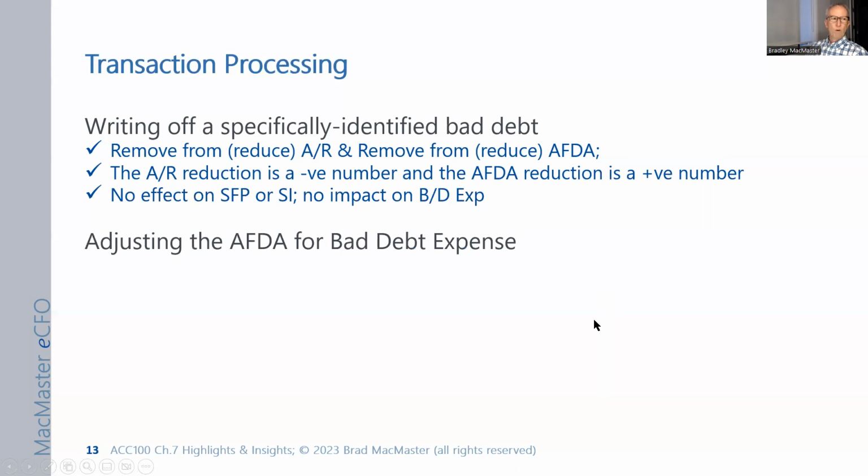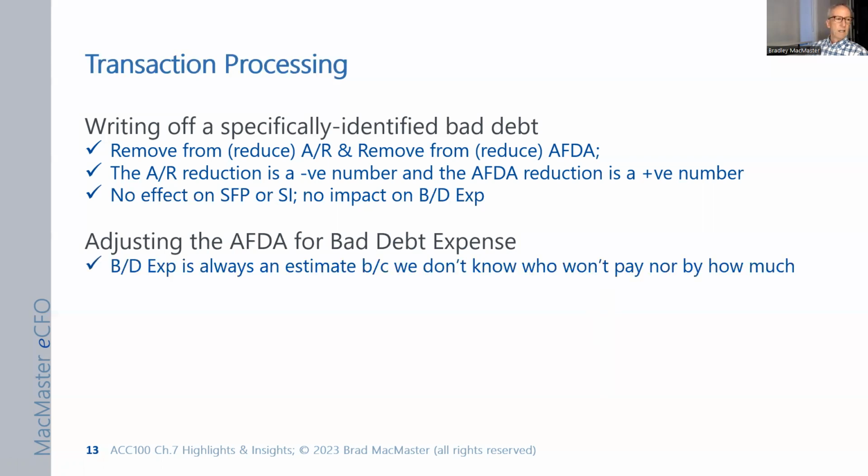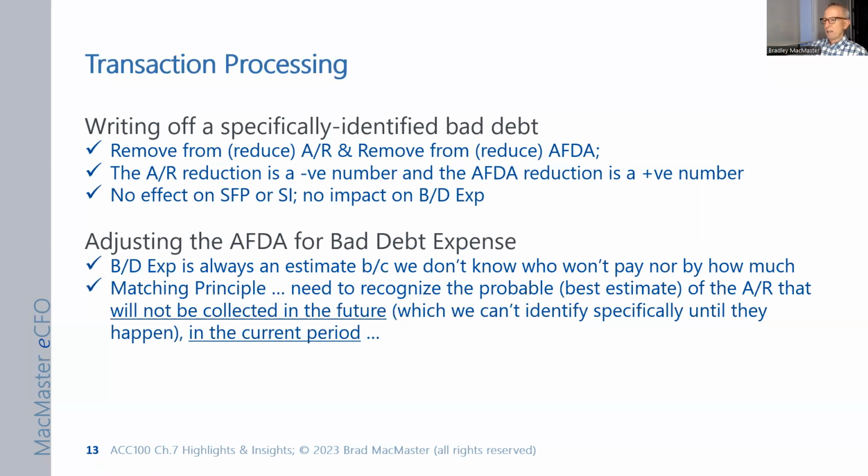Now, when we go to adjust the allowance for doubtful accounts for the bad debt expense, you have to remember that the bad debt expense is always an estimate, okay? Because we don't know who won't pay nor by how much. And so setting up this bad debt expense using an estimate, this is an example of applying the matching principle, because we need to recognize the probable or best estimate of accounts receivable that will not be collected in the future, but we can't identify them specifically until that actually happens.